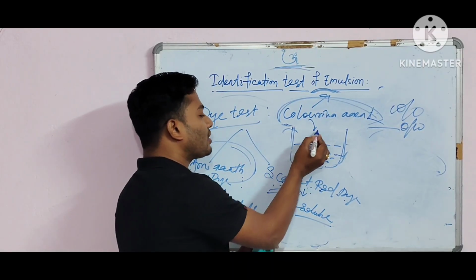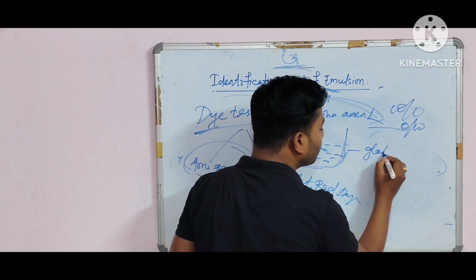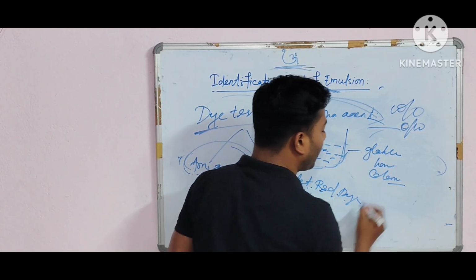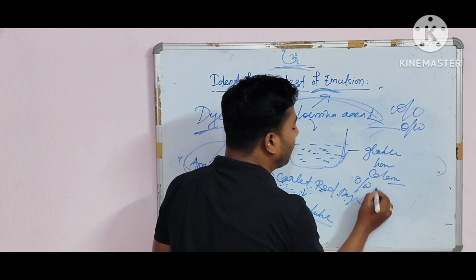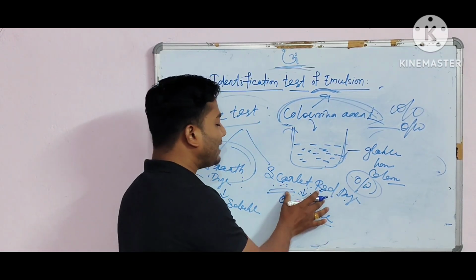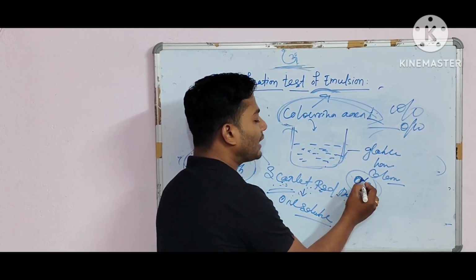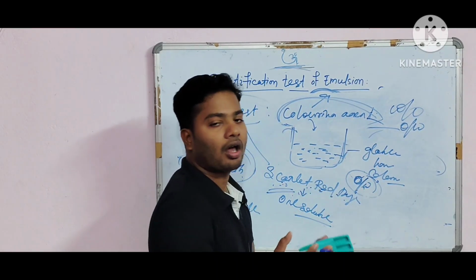After adding the scarlet red dye in the emulsion, if the globules are colored, definitely you can say it is the O by W type of emulsion, because it is oil soluble and the oil part is dispersed in the form of globules in the water medium. That's why the globules part is the colored compound.